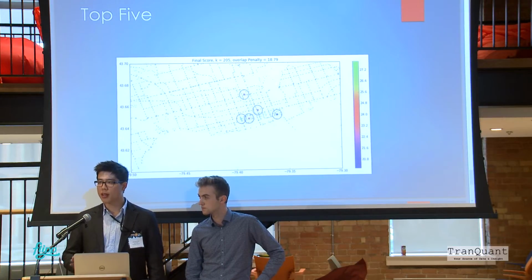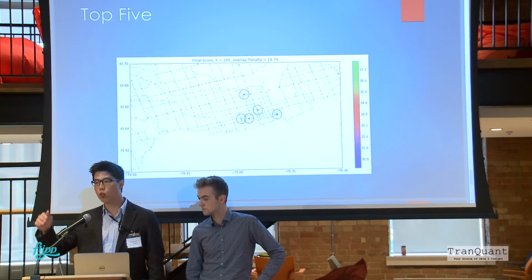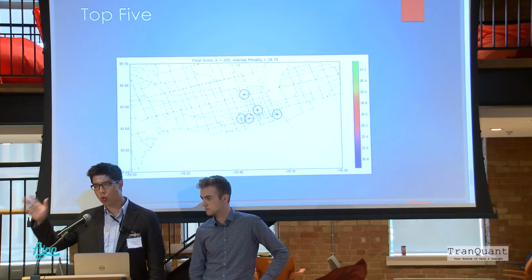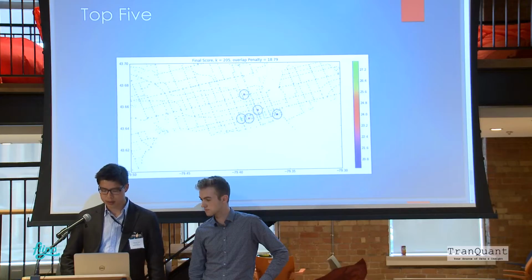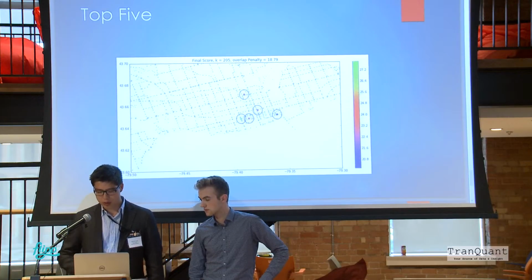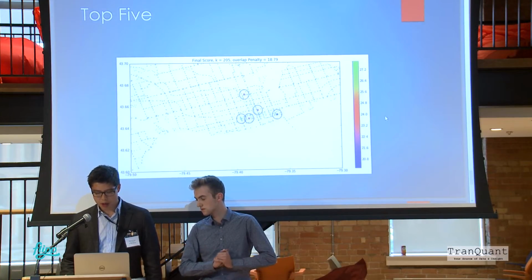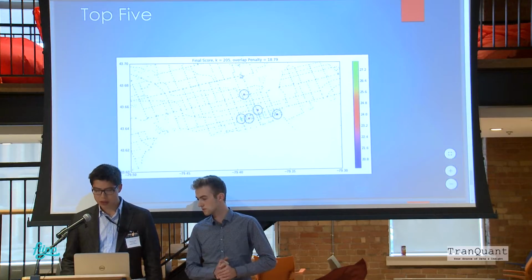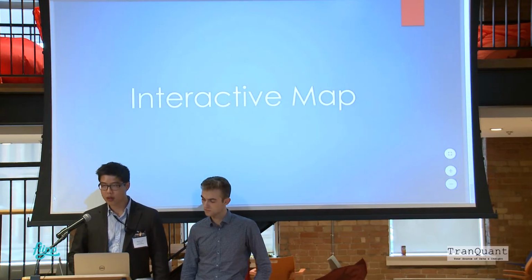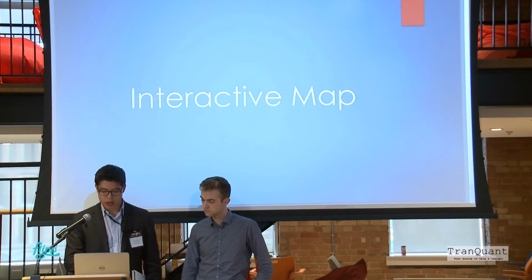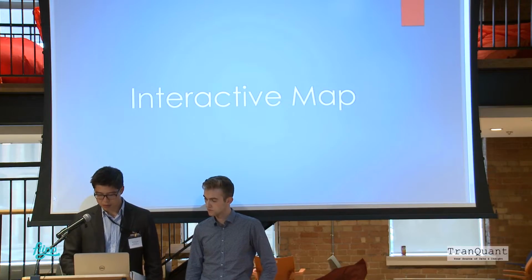Of course, the ranking is not rigid. It's not that this one is the best one. It's more of a loose ranking, as most unsupervised learning is. And here we see that the rankings are all in the downtown core, and there is a small problem with that, which can be better explored if we go to the interactive map.